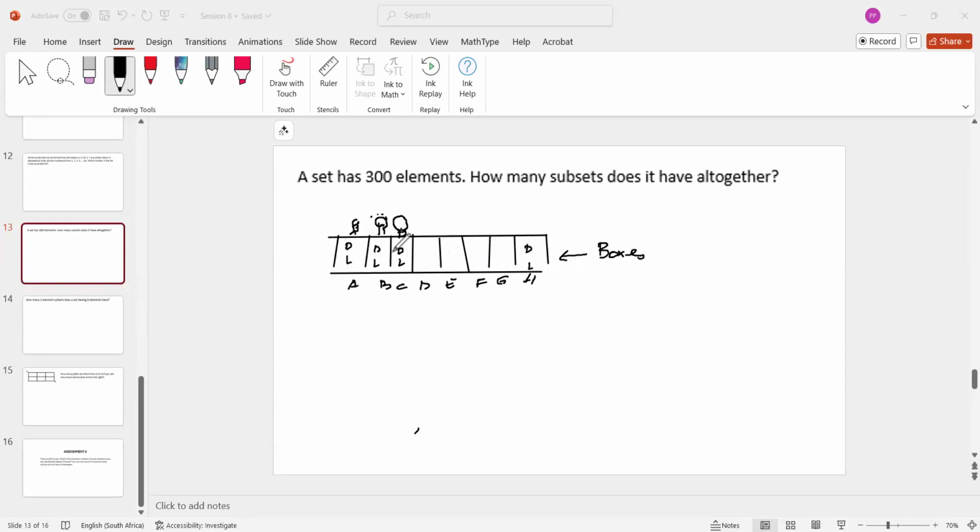Each time I choose something, it gives you a subset. Each box can be filled in only two ways. So therefore, the number of subsets equals the number of ways the boxes can be lit.